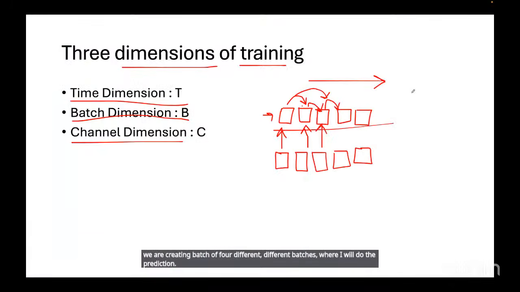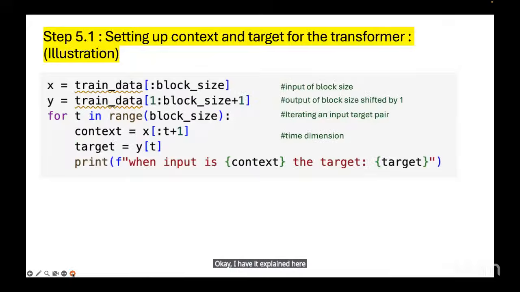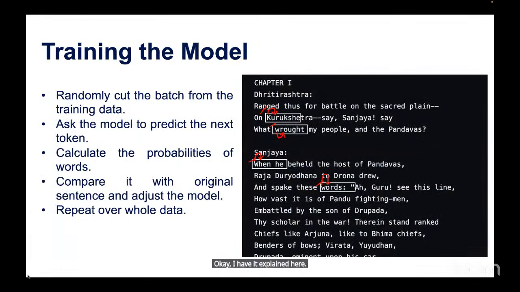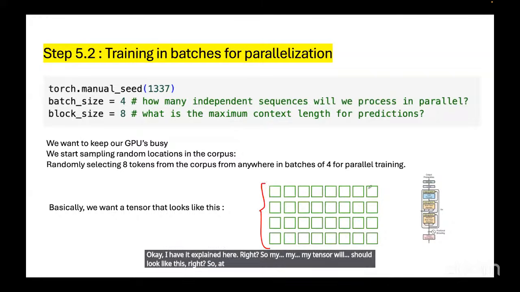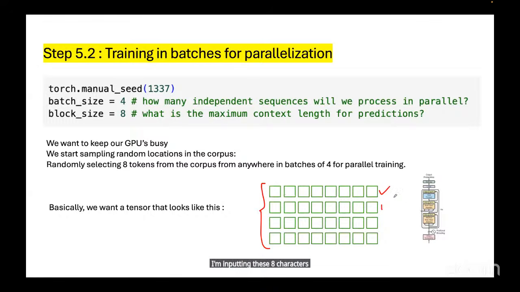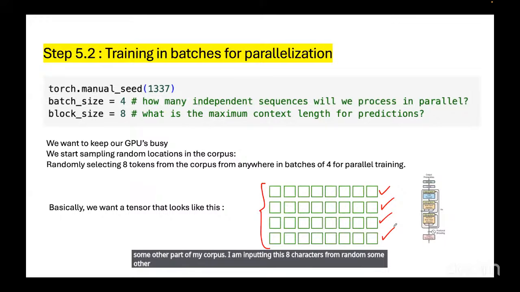I have it explained here. So my tensor should look like this. At one point I am training parallelly at 4 points. I'm inputting these 8 characters from some random part of my corpus, these 8 characters from another random part of my corpus, and these 8 characters from yet another random part of my corpus.